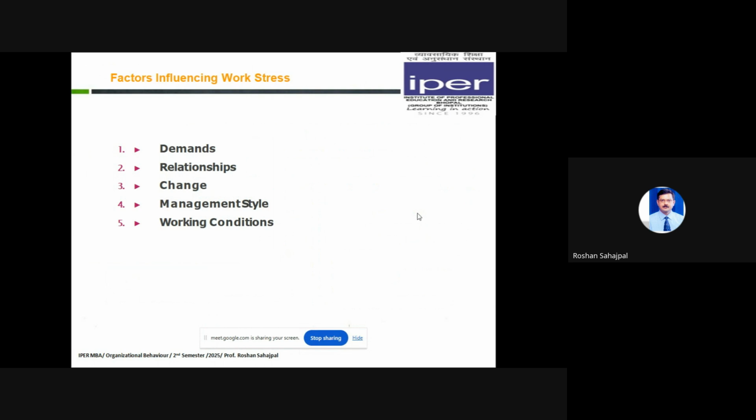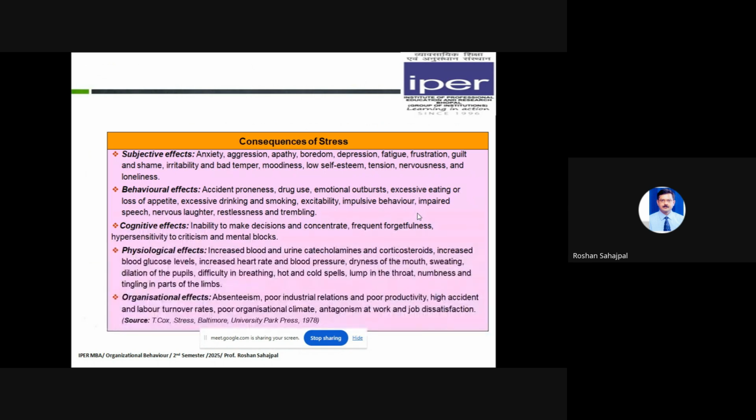Or a person who is going for night shifts all the time, the person will have a cardiac issue. So all these factors or demands or conditions will ultimately lead to work stress. So these will be demands, relationships, change, management style, and working conditions. This will all lead to stress.